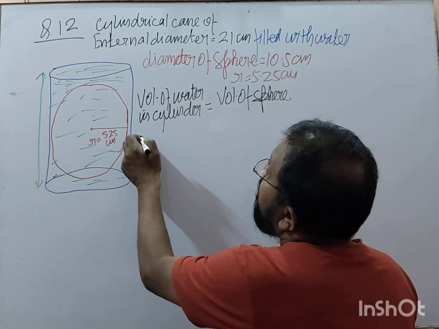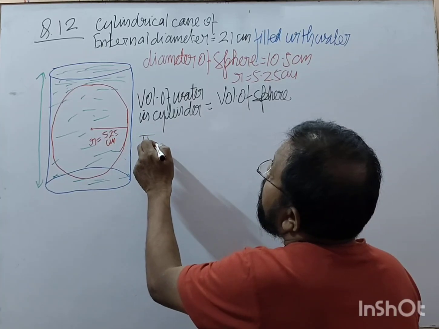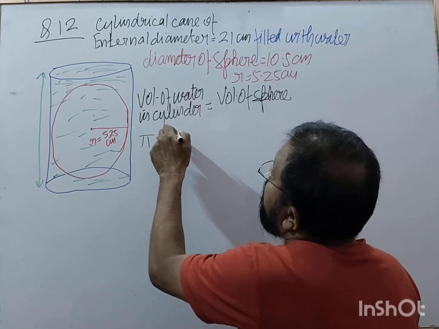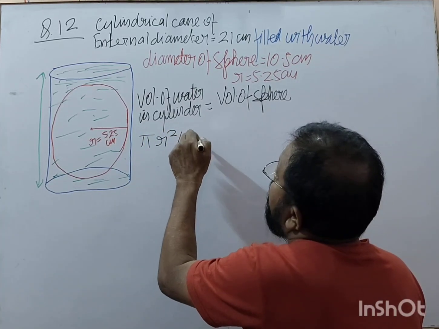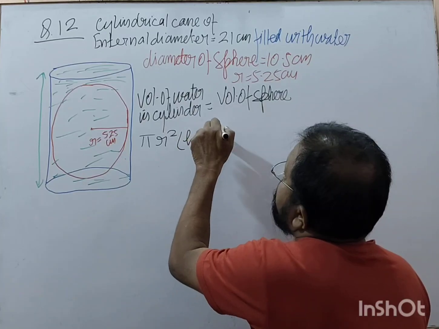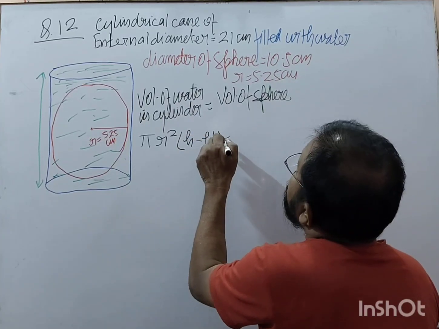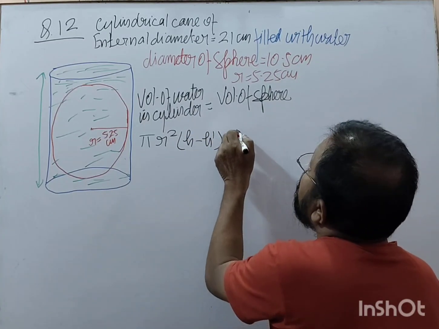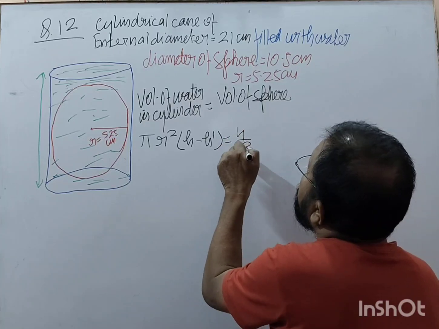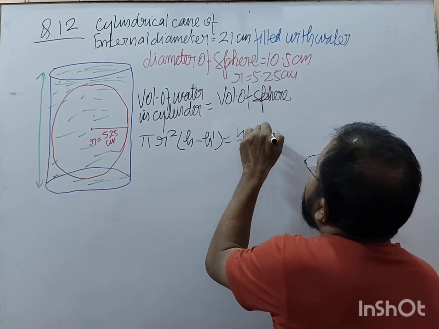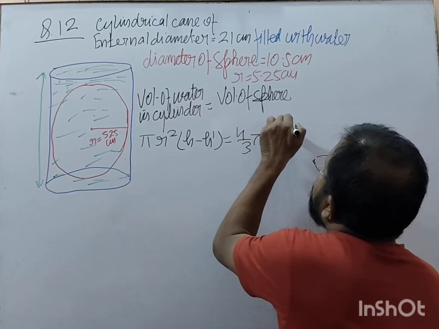So pi r square into (h minus h dash) is equal to 4 by 3 pi r dash cube.